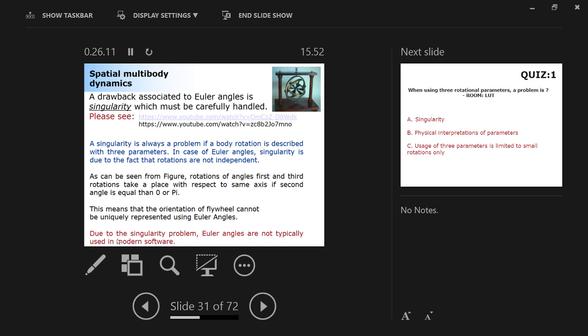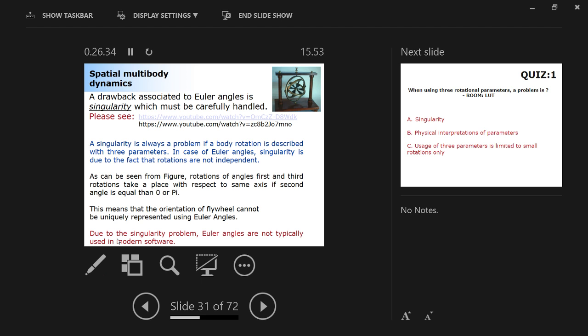Gimbal locking, by the way, even though I'm not explaining that today in a thorough manner, I will do it a little later. It's an outstanding question for the written exam. Gimbal locking. Okay, you're always going to have this singularity problem when you use 3 parameters. Always, always. And you cannot get rid of that.